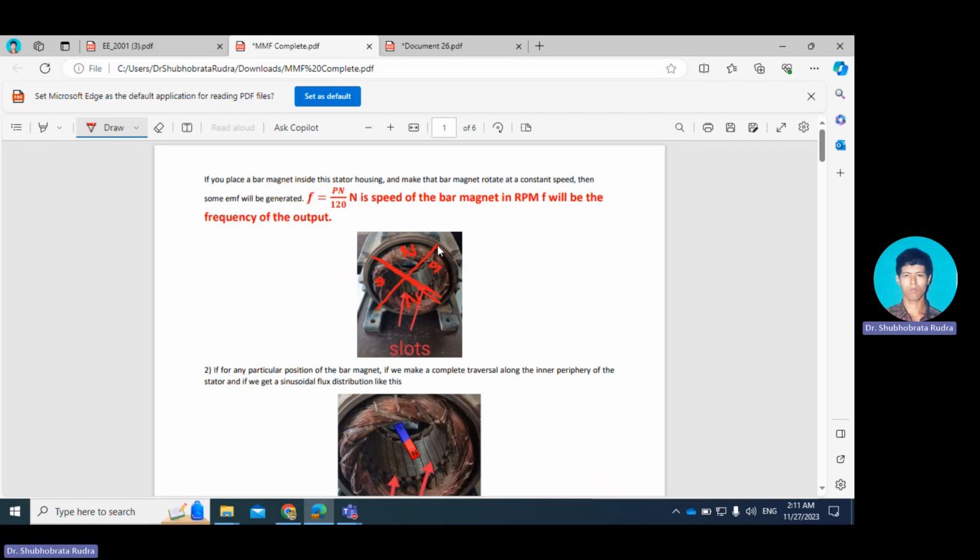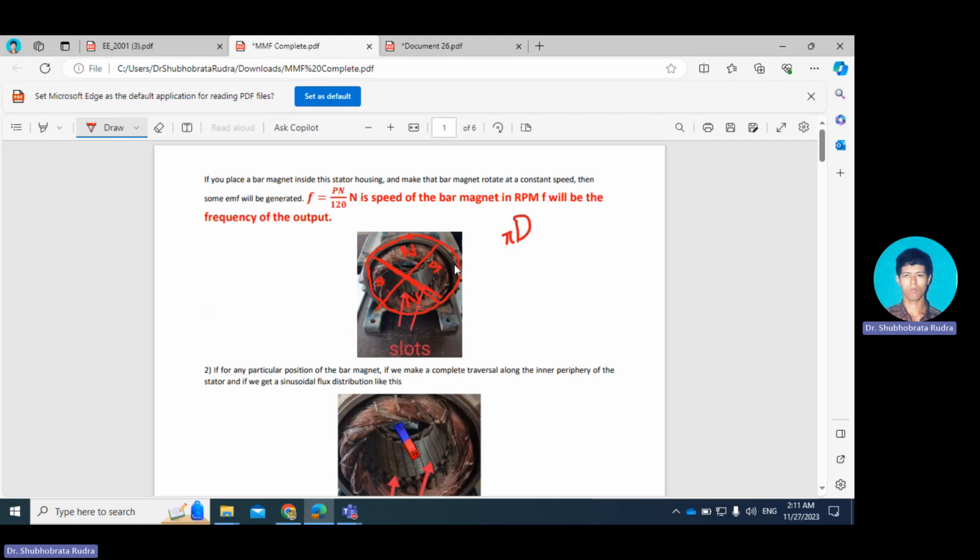Now, what gives me my pi d? If I take pi d, it means if I make a complete transition from this point and again return to this point along the periphery of my cylindrical armature, then the total length of traversal will be pi d.